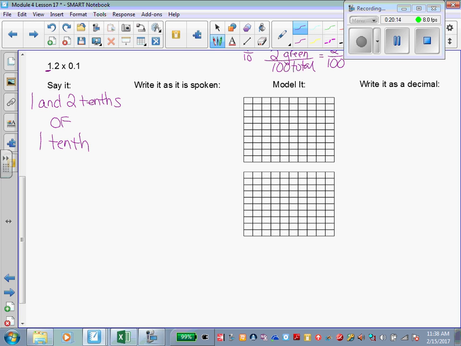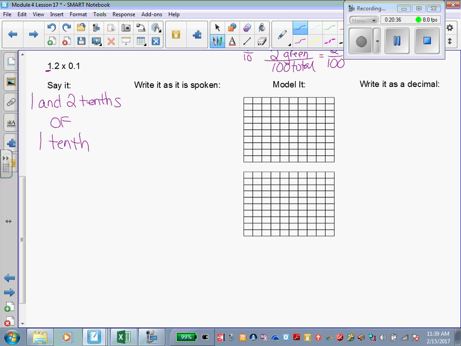But it has to be the same value as that. This is going back to first order. Some of you might have to dig real deep. I don't want to use that word and. I want to keep the denominator of 10. So I want to keep tenths. But it's not going to be 1 and 2 tenths.